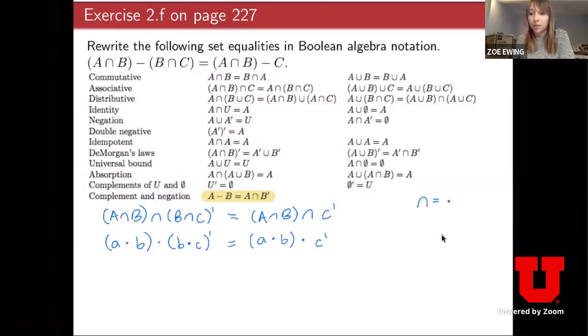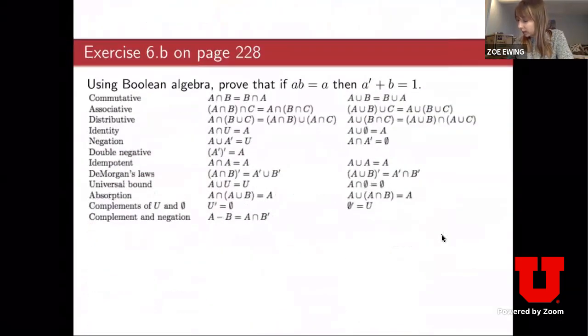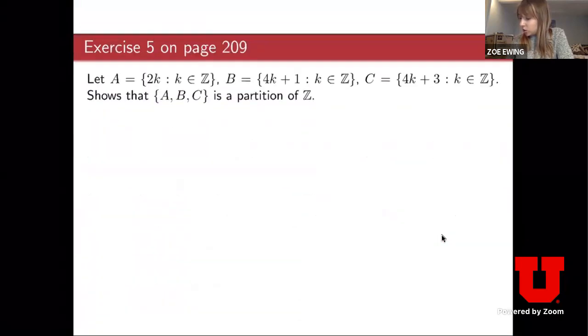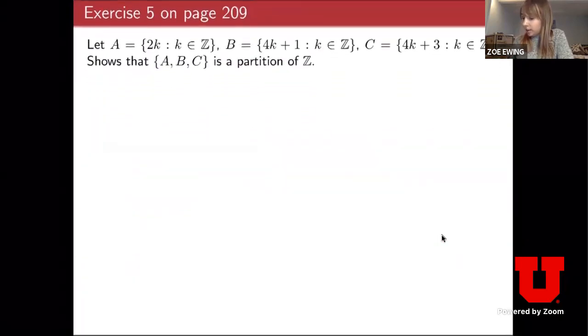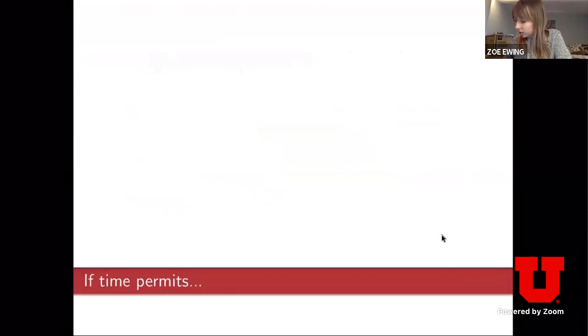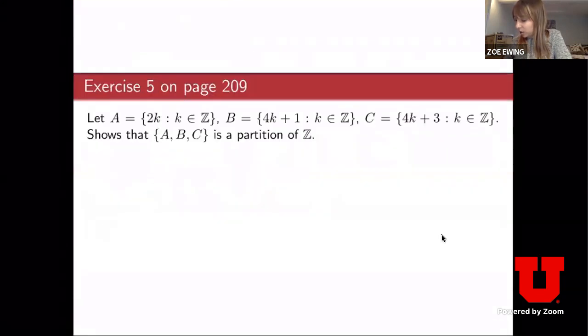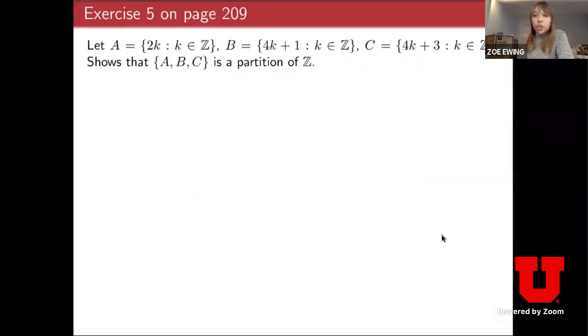Okay, so our very last problem, I think, yeah, this is the last problem. We want to show that A, B, and C is a partition of the set of integers.